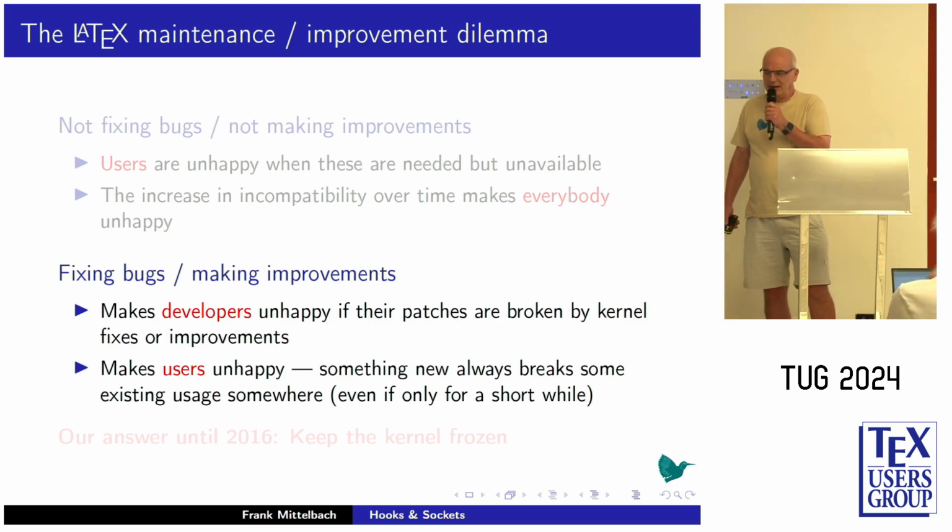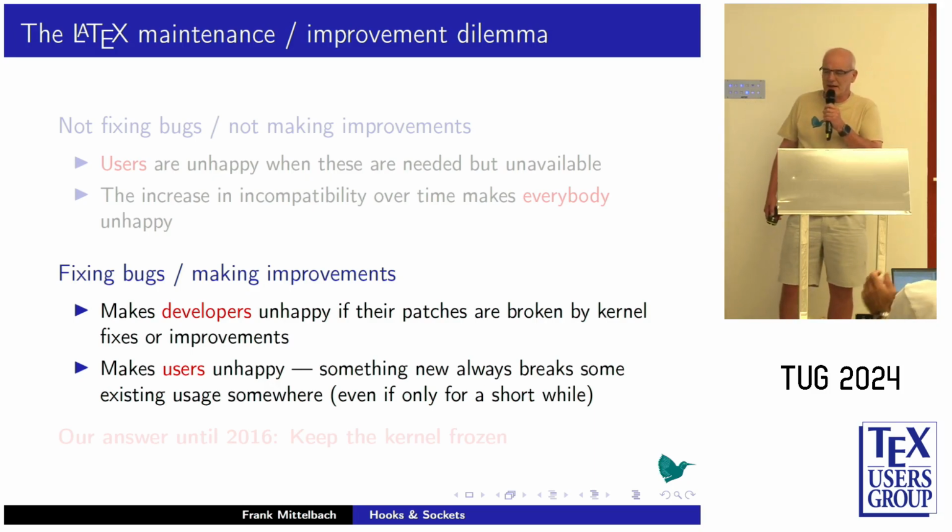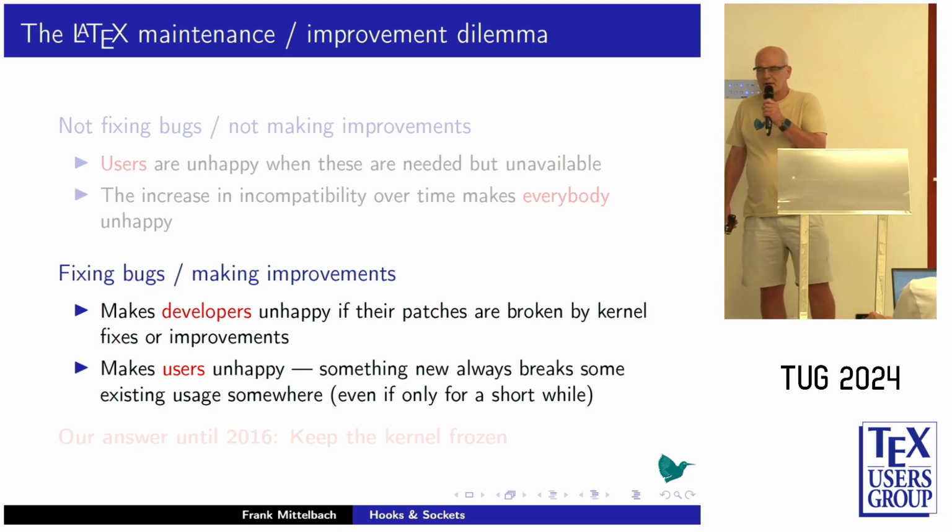Well, even if that is not happening, and we are trying these days, whenever we are making changes to the kernel, figure out which package is possibly affected and try to contact people beforehand. It might make users unhappy because once LaTeX is released, we find that we have missed one or the other case.